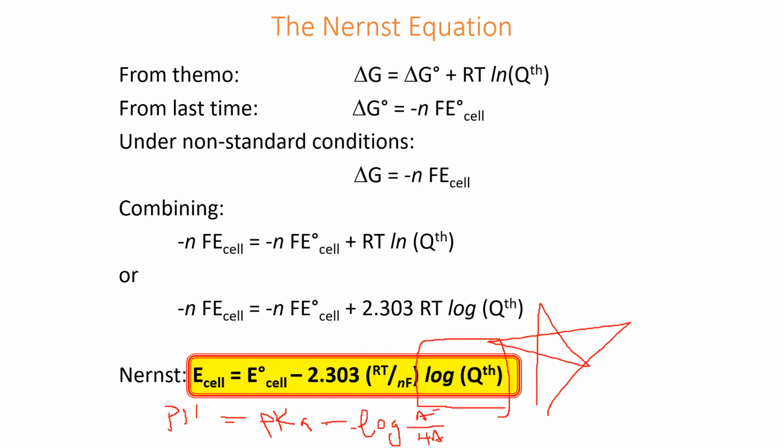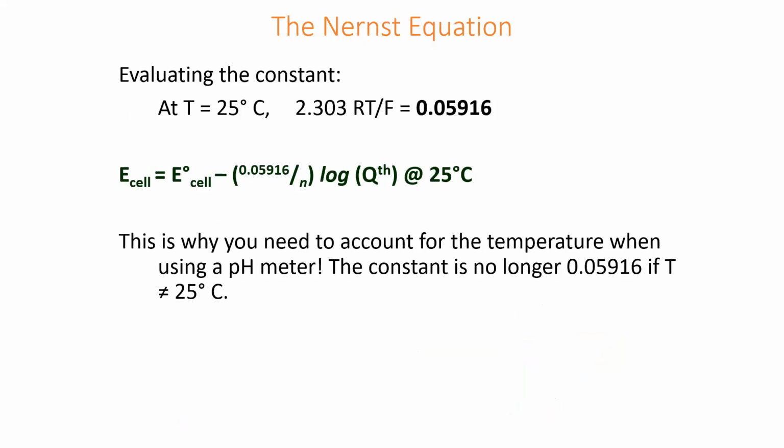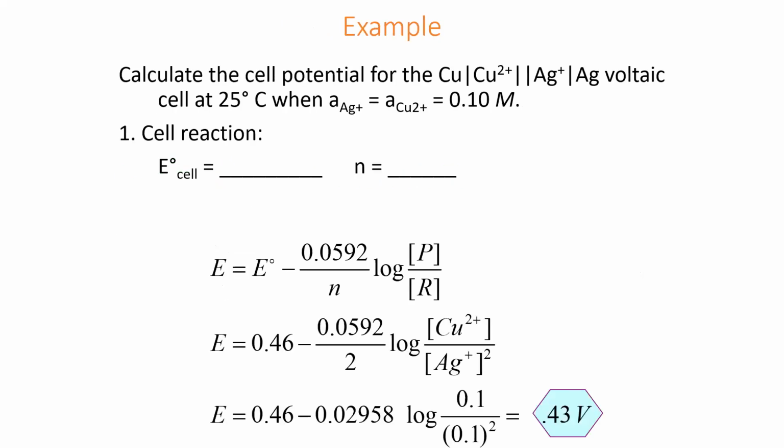So here we're starting off with our standard state cell potential, and then we're going to adjust it based on the temperature and where we are with our product versus our reactants. Most of the time we're going to take this 2.303 RT over F, kind of ball all these together at 25 degrees C. It's one constant. Be able to do these, right?